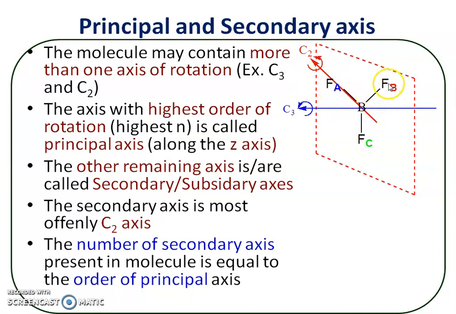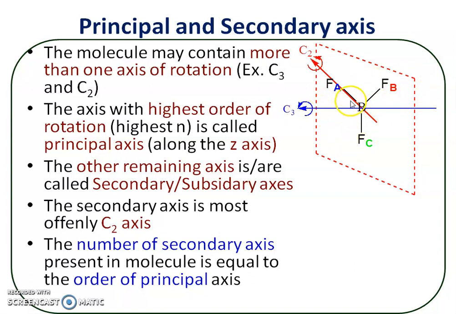Only Fb will take the position of Fc and Fc will take the position of Fb. So after 180 degree rotation along this axis, we get an equivalent structure, and therefore this is the C2 axis, because for this rotation the value of theta is 180 degree, and 360 divided by 180 is equal to 2.